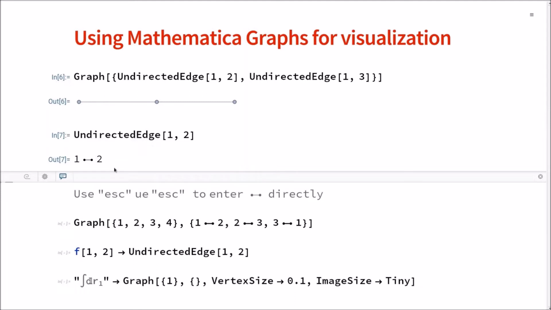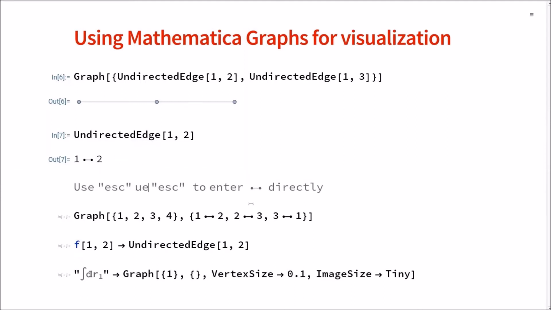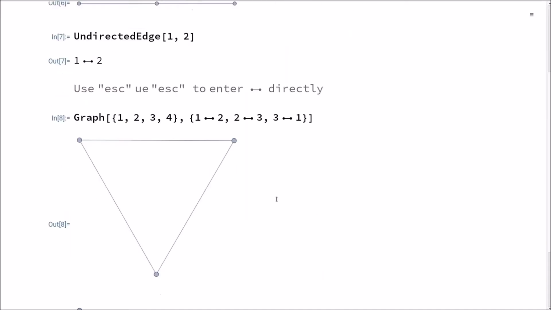We can enter undirected edges directly, so then it looks like this, or by this escape sequence. A little bit more information can be given to the graph. Usually we can only give a list of undirected edges, or supply a list of nodes in the first argument, and then the list of undirected edges connecting these nodes, or not, as you can see already in this example.